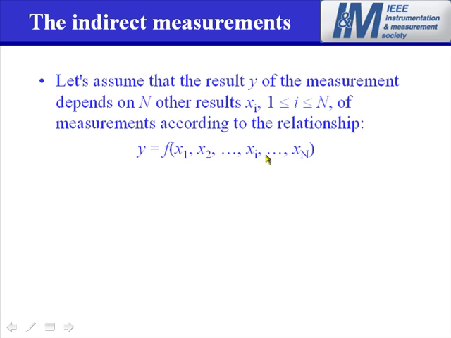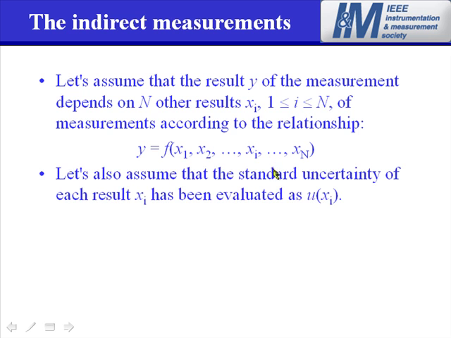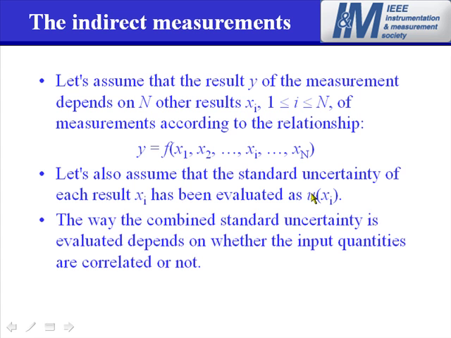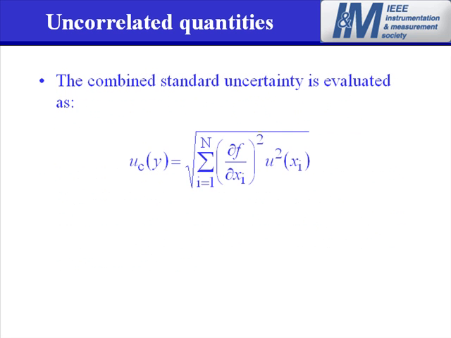So let's also assume that the standard uncertainty of each result, x sub i, has been evaluated. And the way the combined standard uncertainty is computed depends on whether the input quantities are correlated or not. Let's suppose to start with that the input quantities are not correlated. And in this case, this is the mathematical relationship that expresses the definition of the combined standard uncertainty.